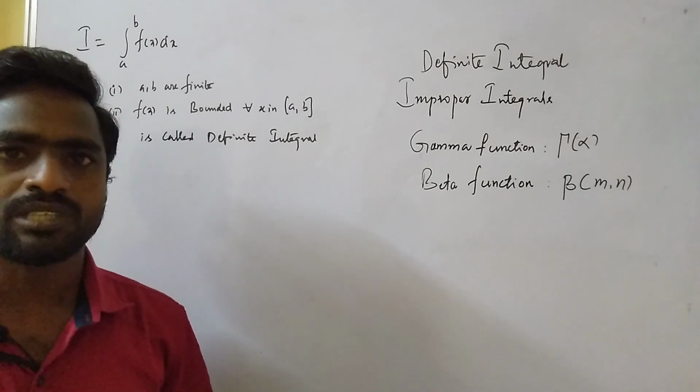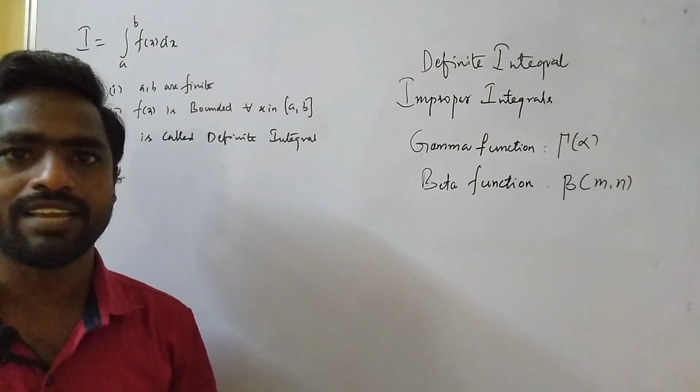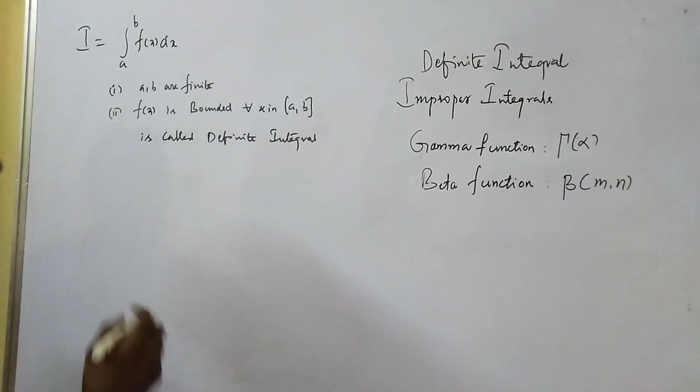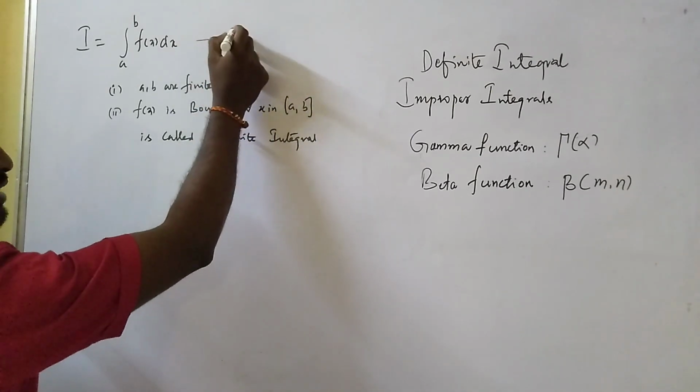Either limits are infinite or the function is infinite in the given interval or at the boundary points of the interval. So this is the integrand, I am indicating it with equation 1.